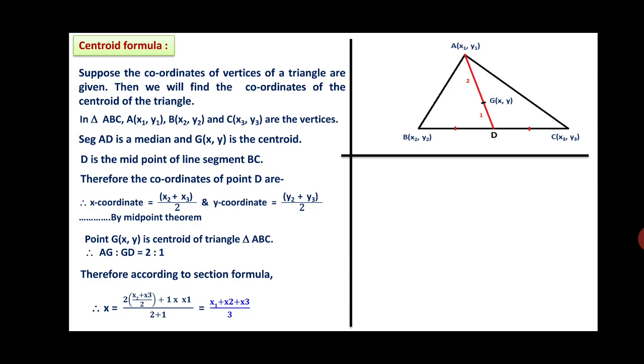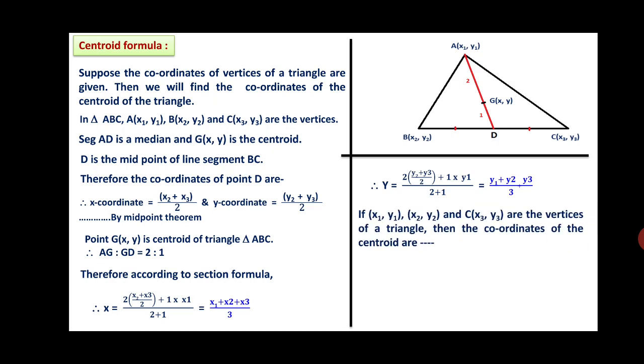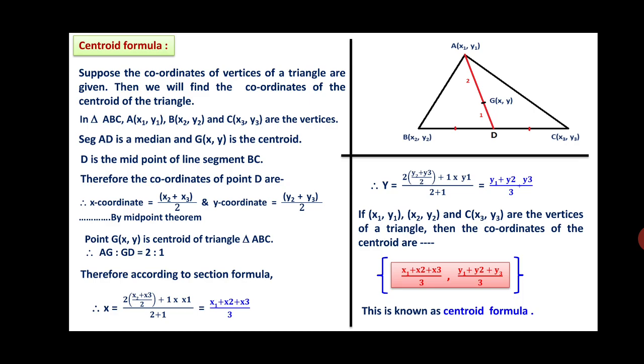The 2 and 2 get cancelled. Similarly, the y coordinate is equal to (2 times (y2 + y3) divided by 2, plus 1 times y1) divided by (2 + 1), which will be (y1 + y2 + y3) divided by 3. If A(x1, y1), B(x2, y2) and C(x3, y3) are the vertices of a triangle, then the coordinates of the centroid will be (x1 + x2 + x3) divided by 3 and (y1 + y2 + y3) divided by 3. So friends, this is called the centroid formula.